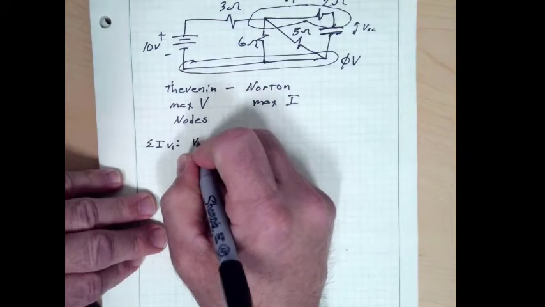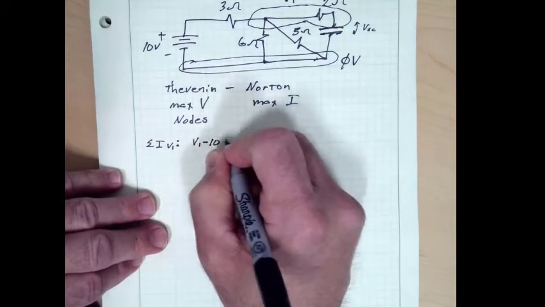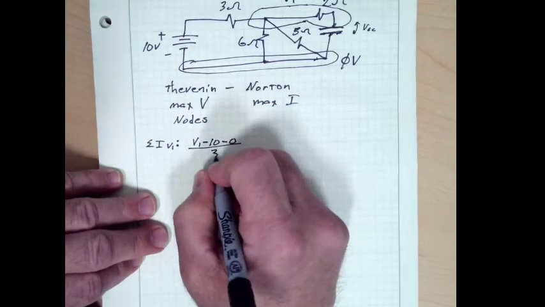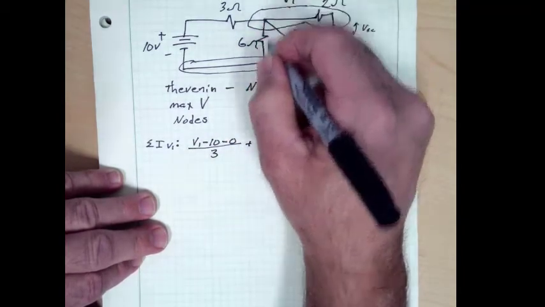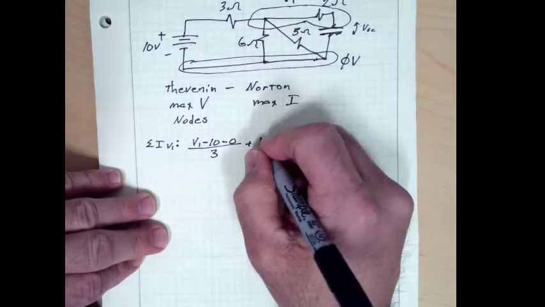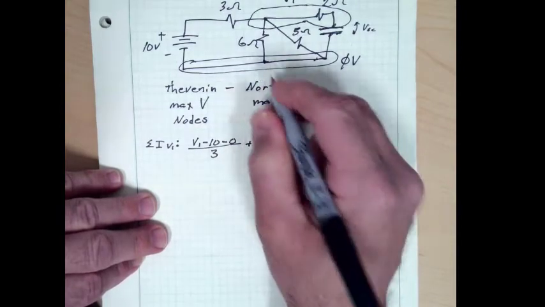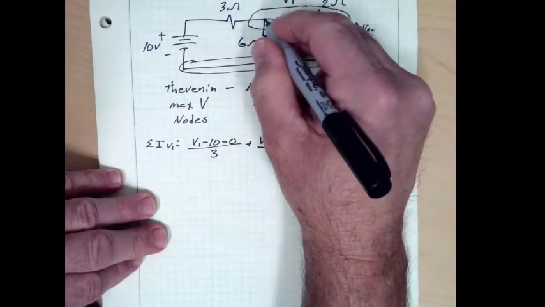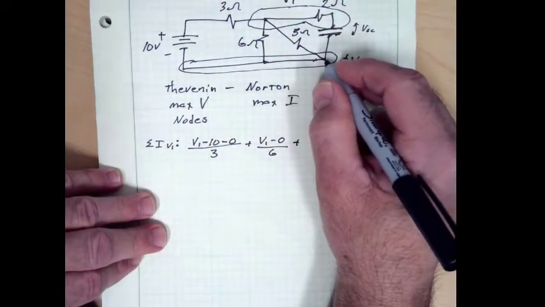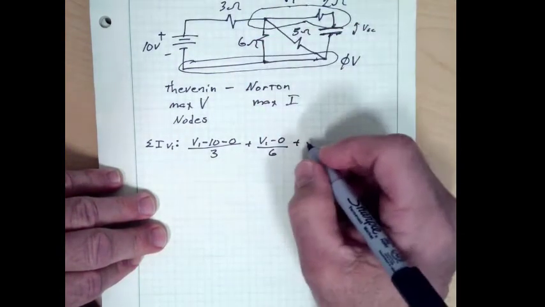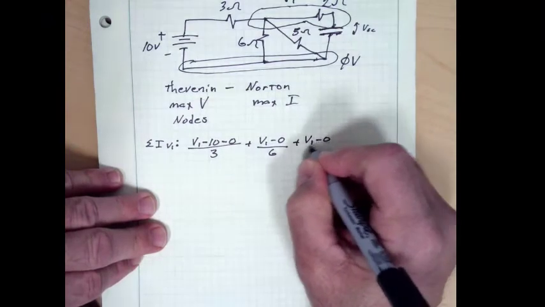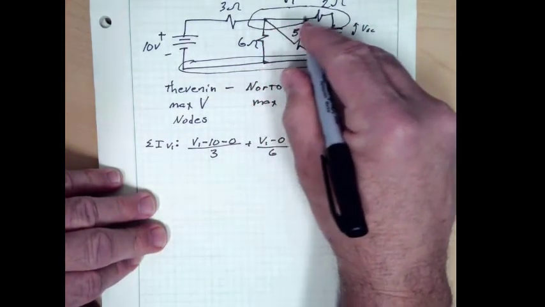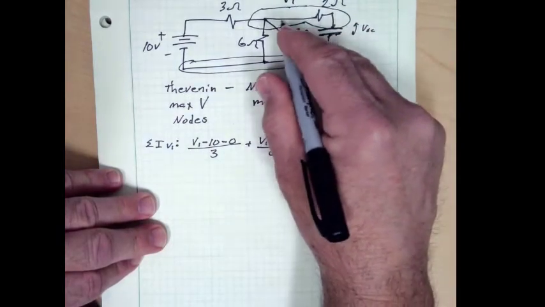So we have V1 minus 10 minus 0 here at the next node divided by 3. Take this wire, so we have V1 minus this node down here over 6. We got this wire going down to the lower right, so that's V1 minus 0 over 5. And then we've already discussed how there is no current through this wire.